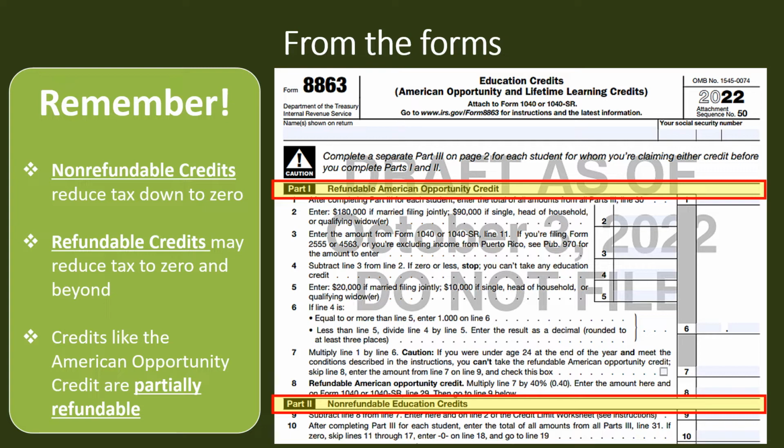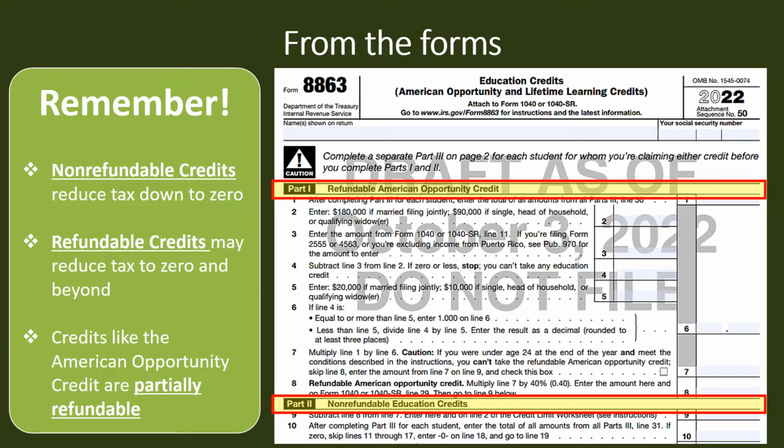And if you remember, non-refundable credits reduce tax down to 0, but no further. And refundable credits can reduce the tax to 0 and beyond. And then credits like the American Opportunity Credit are kind of hybrid, so they are partially refundable and partially non-refundable.